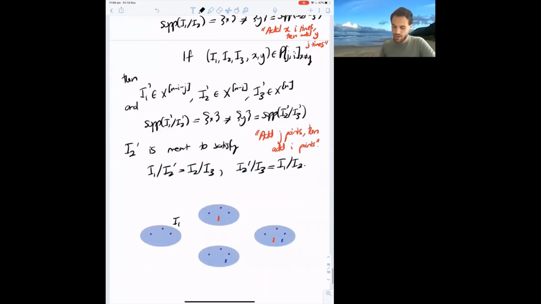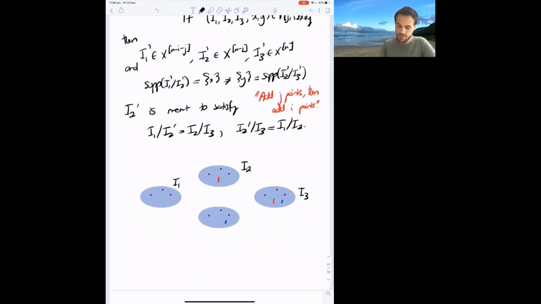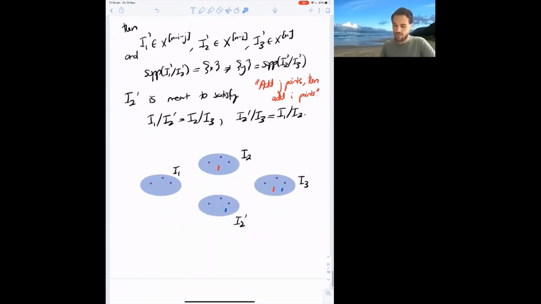And then we have I2, where we've added the red points. And then with I3, we've added the blue points, and they have different multiplicities. So in this case, you might have I equals 3, which are the 3 red points, and then j equals 2, so you add the 2 blue points. But a different way to get to I3 would be to first add the blue points with multiplicity 2. So you add j points and then add the I points, right?